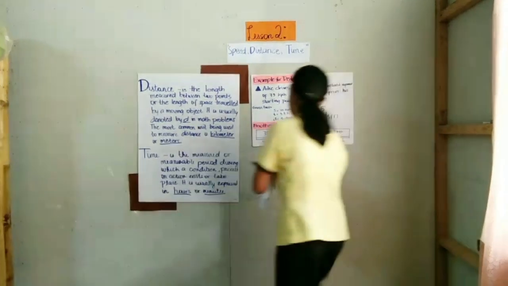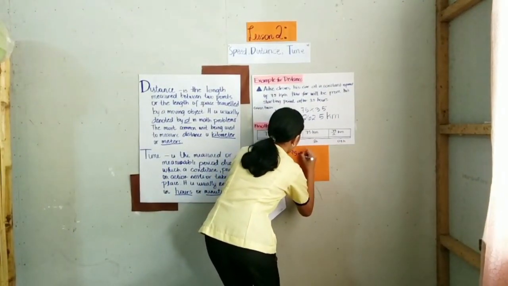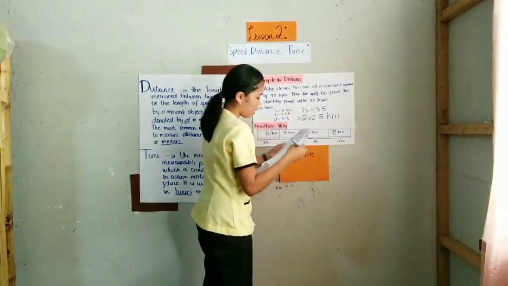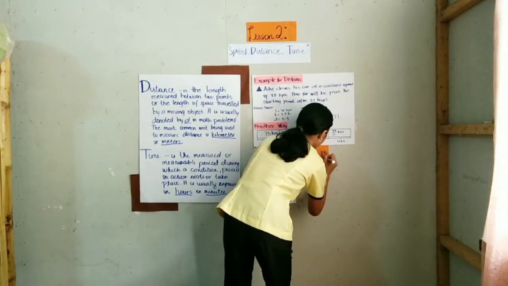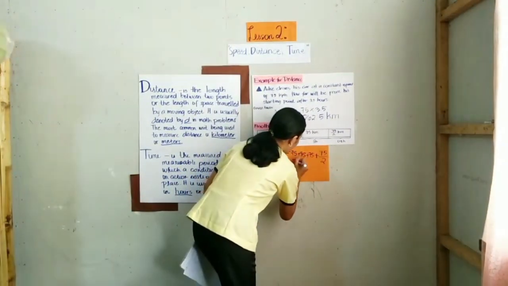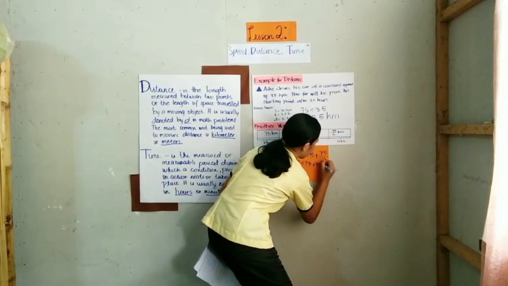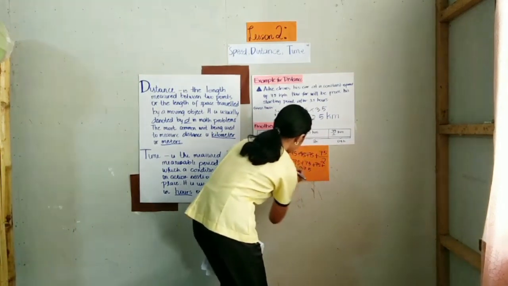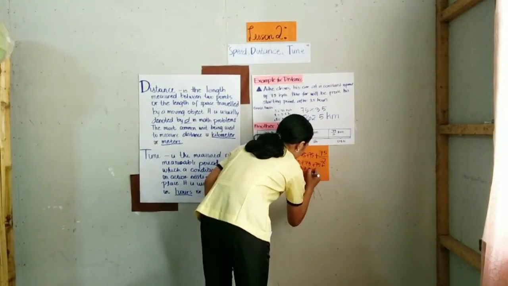So distance is equal to 75 plus 75 plus 75 plus 75 over 2, which is 75 plus 75 plus 75 plus 37.5, which is equal to 262.5 kilometers.